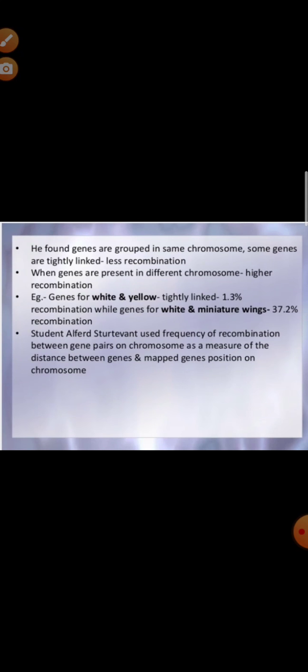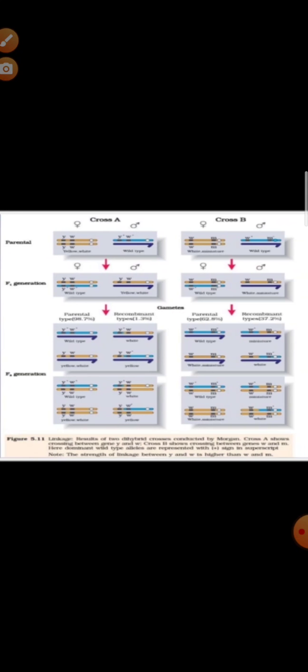After that, Alfred Sturtevant determined that the genes of Drosophila are arranged in a linear order, and he measured the distance between the genes and prepared the chromosome map with the position of genes on the chromosome based on the percentage of recombinants. This is also known as the genetic map.